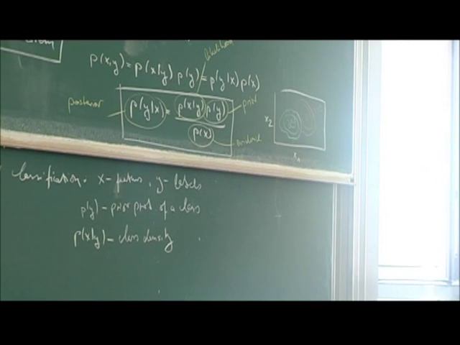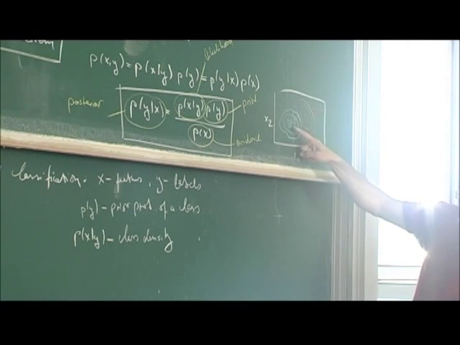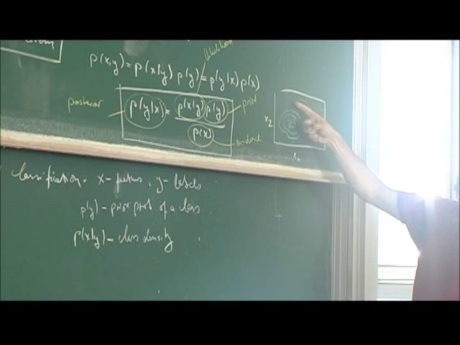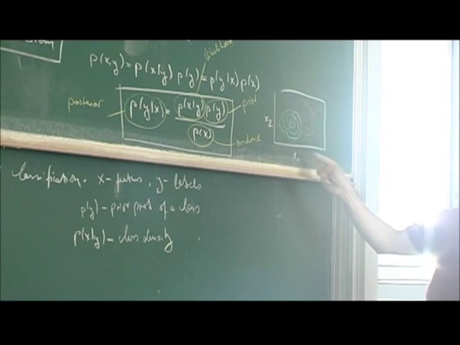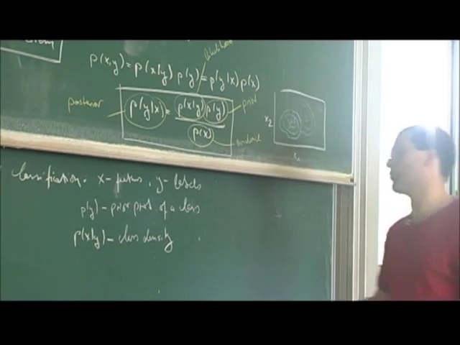These pictures show how likely it is, given that somebody is healthy, to observe this or that combination of two measurements. This is encapsulated by this class density p of x given y.